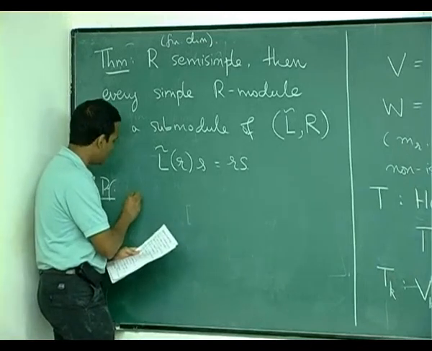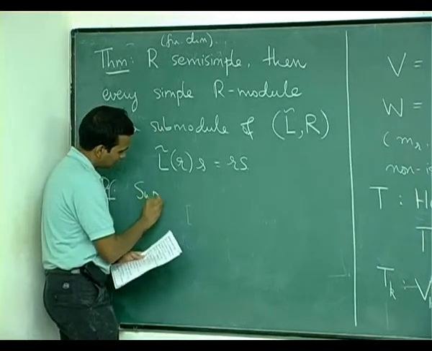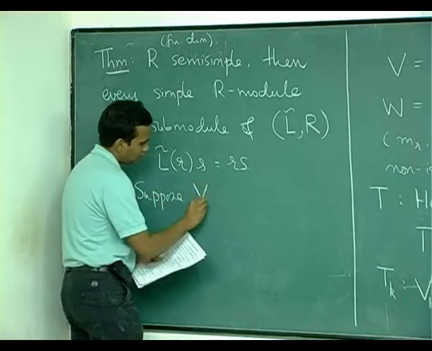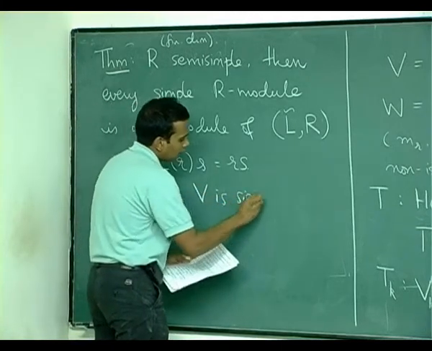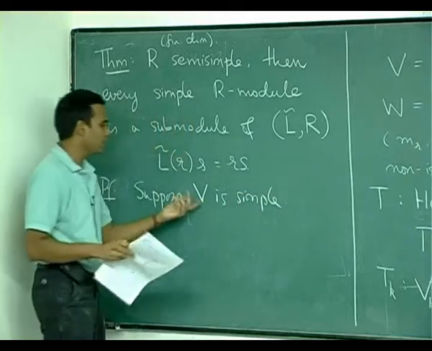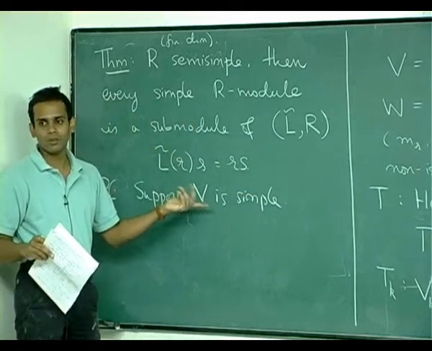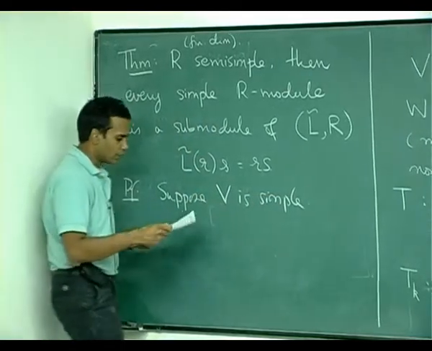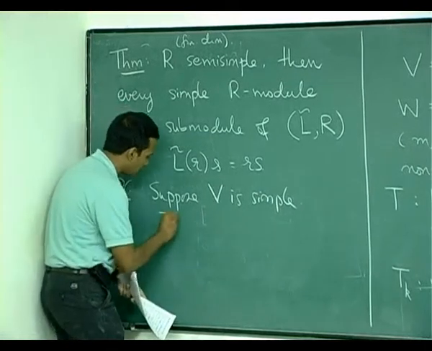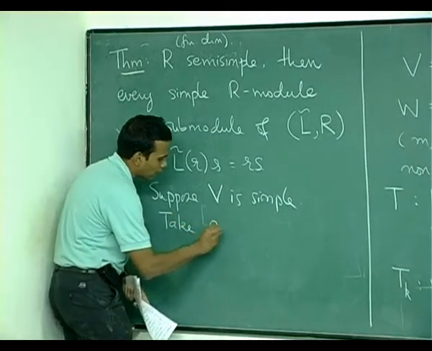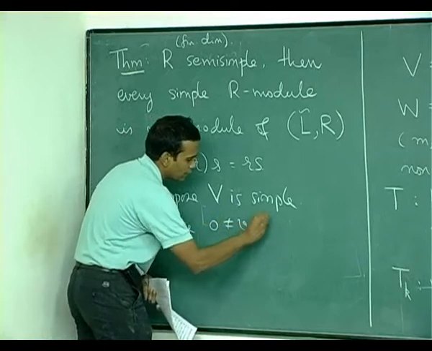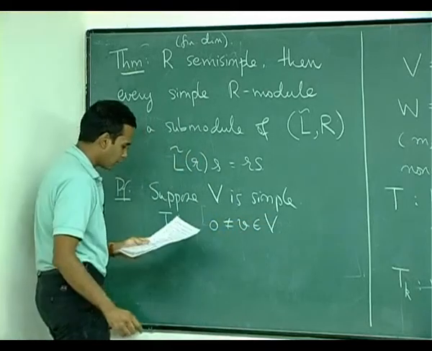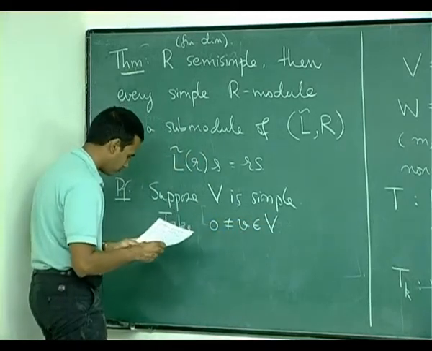Suppose V is simple. When I say simple, I mean that it's a non-zero module. That should be understood. Since it's a non-zero module, take some non-zero element v in V. Then you can define a homomorphism.